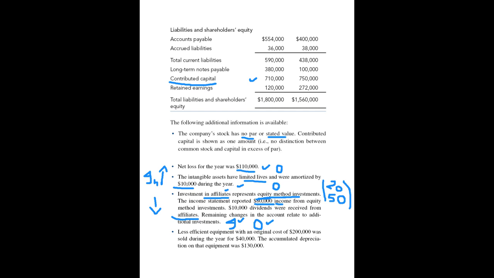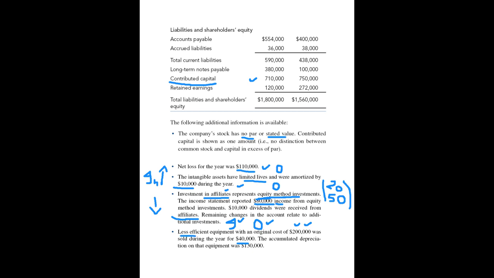Next point is: less efficient equipment with an original cost of 200,000 was sold during the year for 40,000. It's evident that one of the equipment was sold, and if we compare the original cost with the sale price, we can definitely say that there is a loss. But we should not ignore the accumulated depreciation, because they said it's less efficient, so it shows that it was in use before.